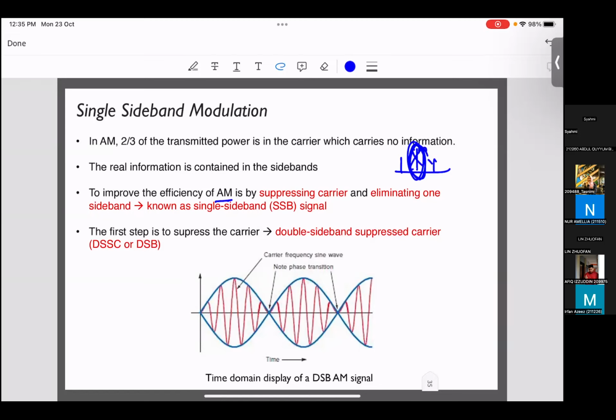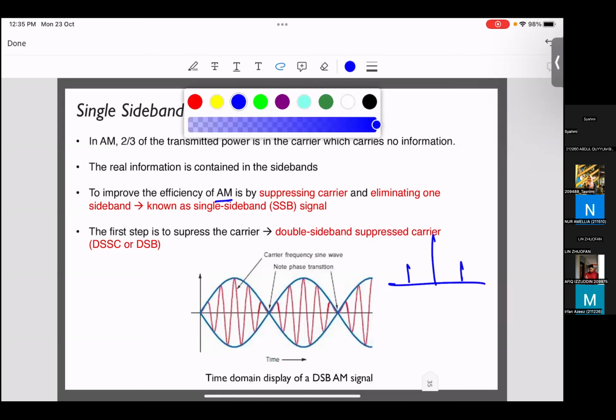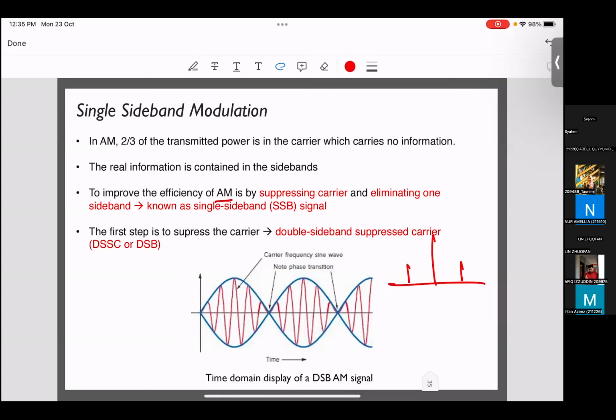Now, if you eliminate this and eliminate that, let me make this nicer. You know that you have a lot of power consumed by the carrier, and I obviously do not like this, so we want to get rid of this. And we also want to get rid of this or this. What you're left with is only one sideband. Now, why can I get rid of one sideband and leave the other?